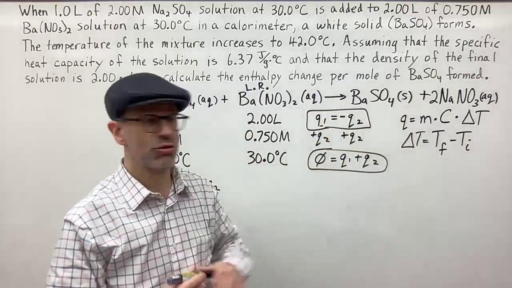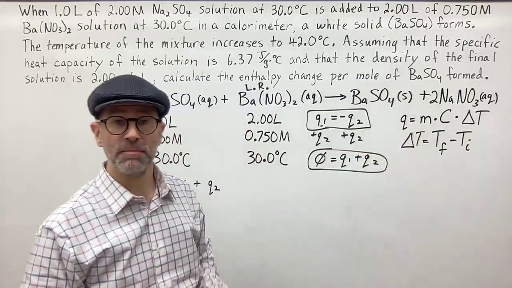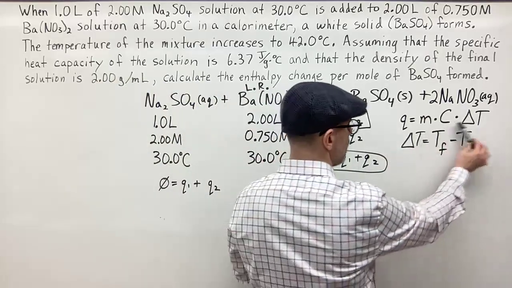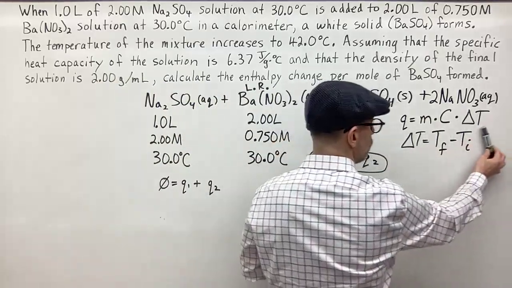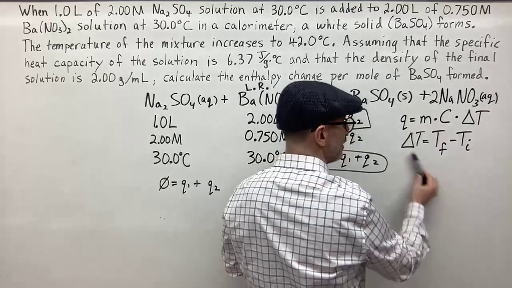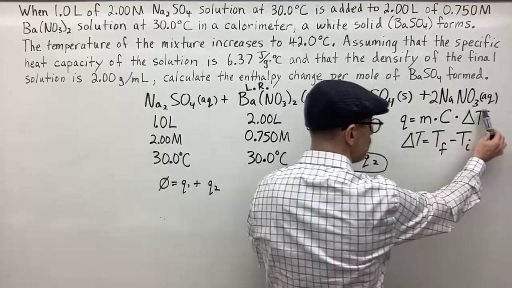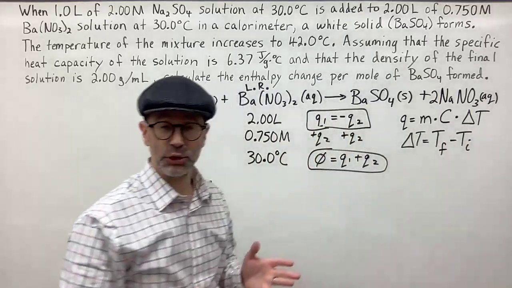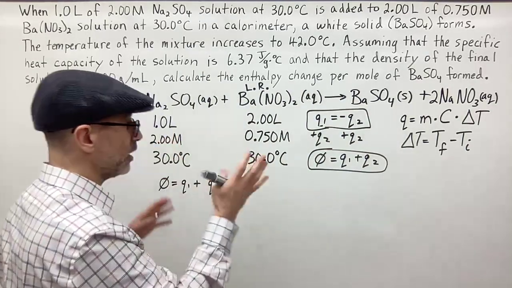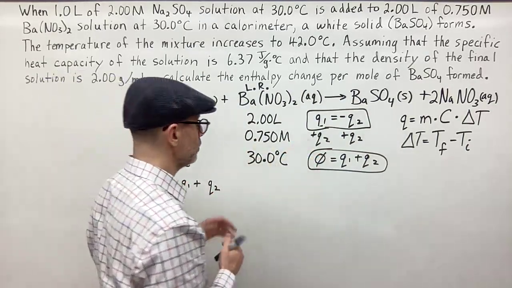So we're going to use these equations here. You can substitute this in for this, or you could calculate this on its own and then plug it in, right? It's up to you. But I'm going to substitute, and I'll show you in a moment.